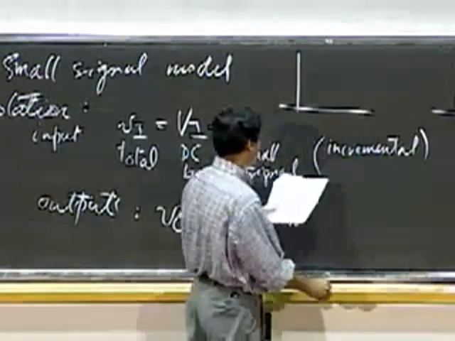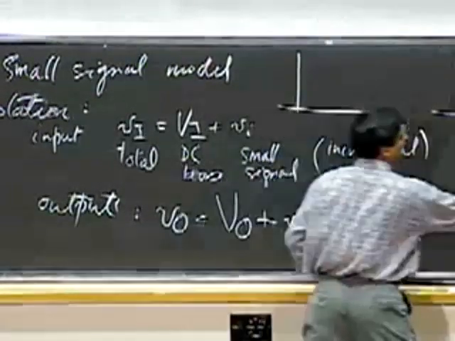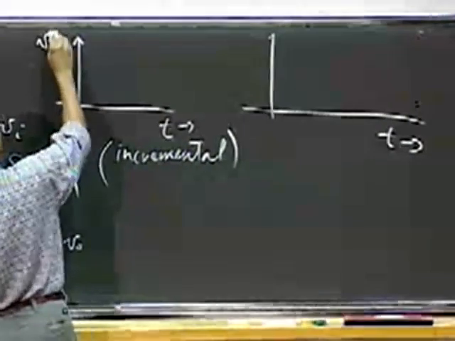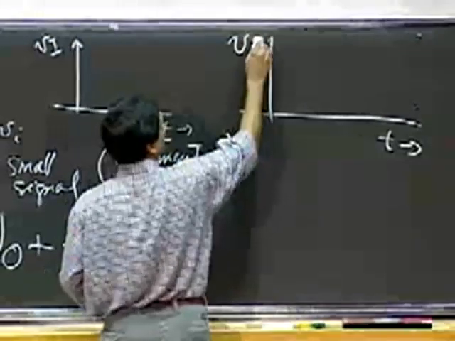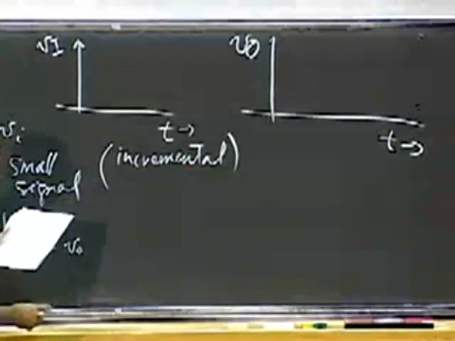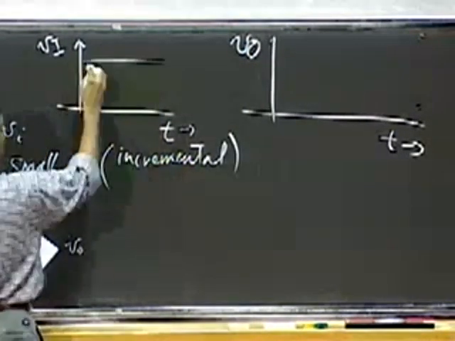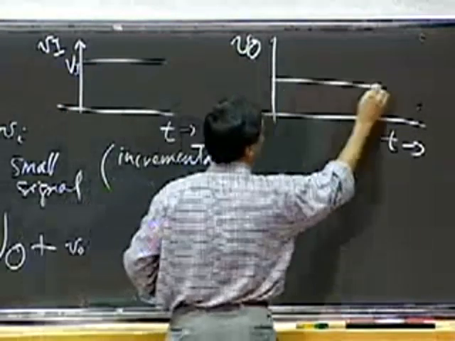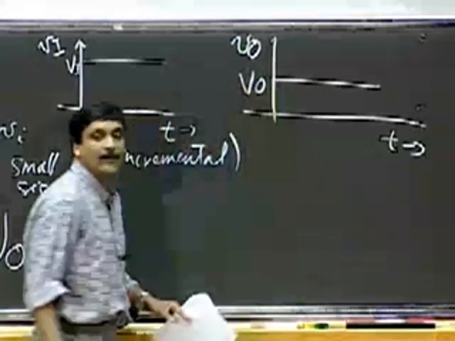In terms of a graph, let me plot the input and output for you. Let's say this is the total input, and that is the total output. I may have some bias VI, and corresponding to that, I may have some bias VO.